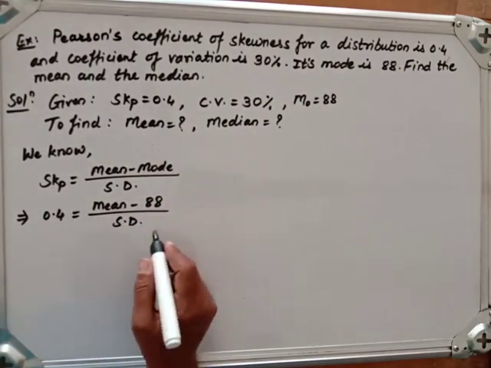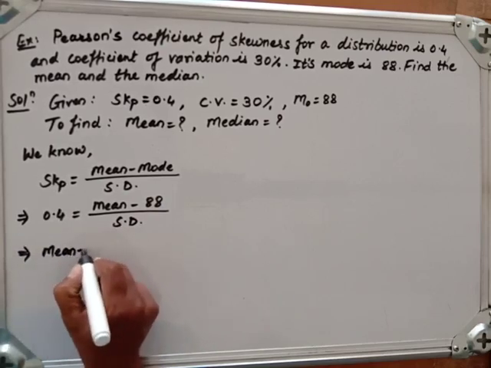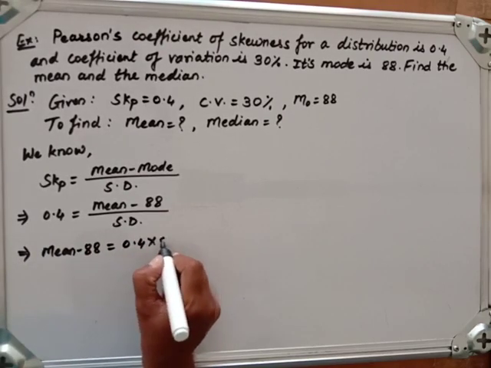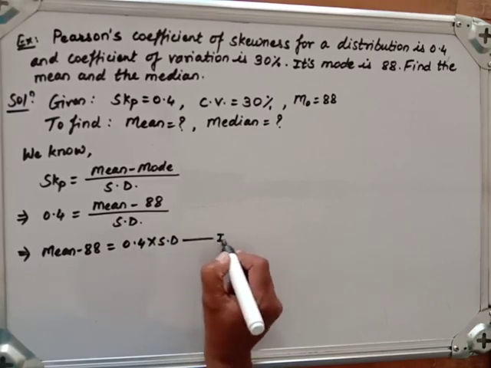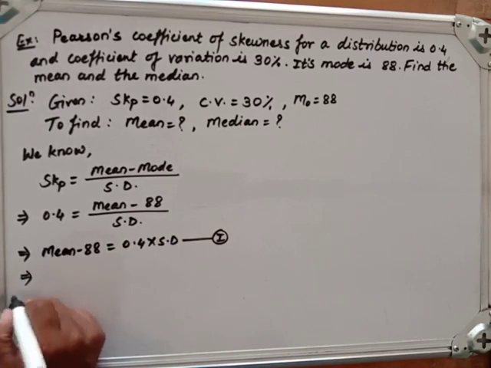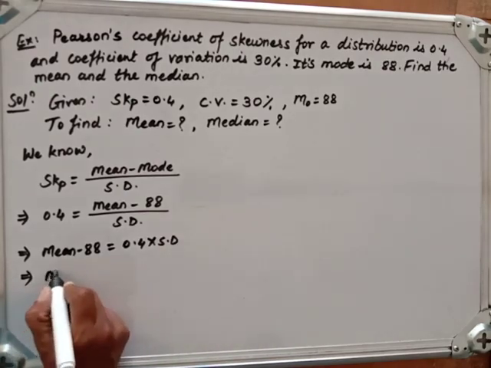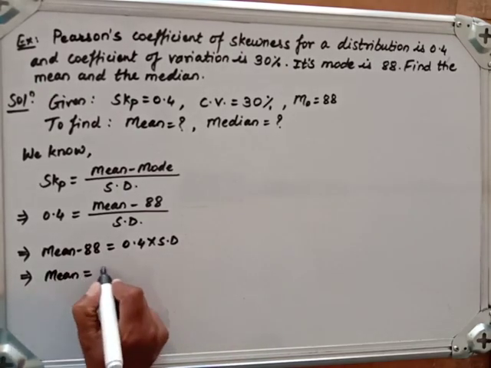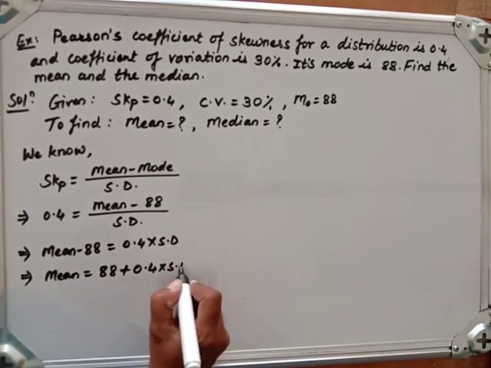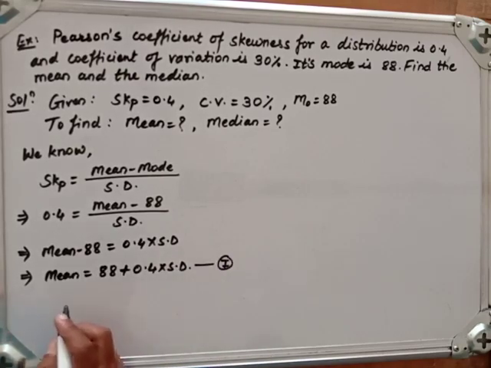This is the same as to say mean minus 88 equals 0.4 times standard deviation. Let me call this equation number 1. Mean equals 88 plus 0.4 times standard deviation.